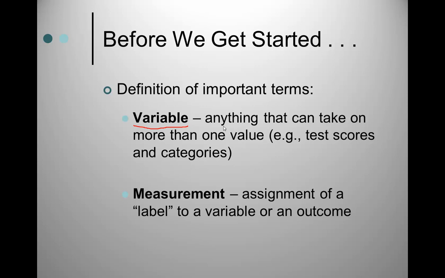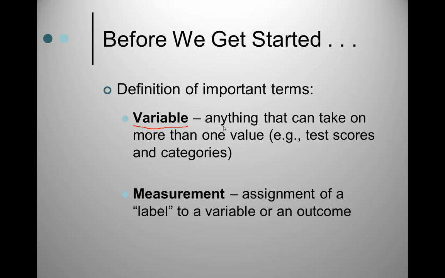And categories. We can have all kinds of categories within a test, like, for example, the different types of questions we have. Some tests may have multiple choice, true, false, fill in the blank, matching kinds of test questions, which lend themselves to measure certain types of things.